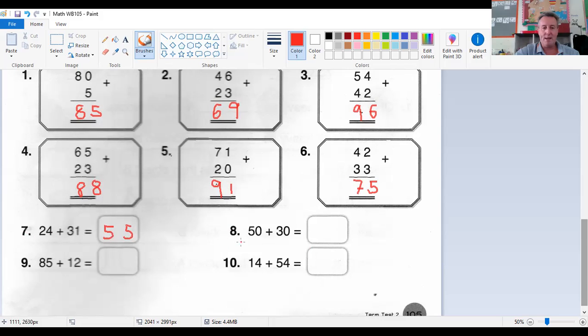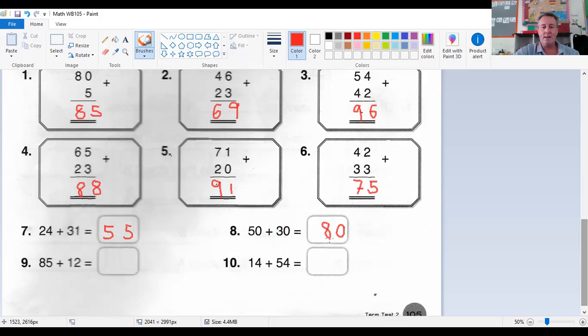Let's try number 8. Do our 1s first. 0 plus 0 is 0. 3 plus 5, or 5 plus 3, doesn't matter which way we do it. 5 plus 3 is 8.